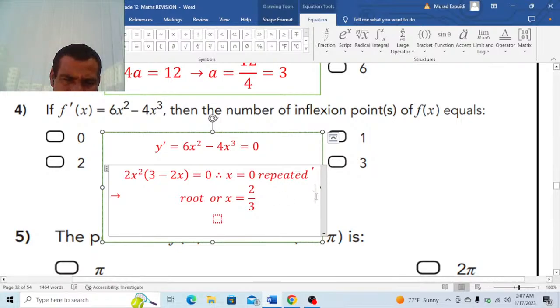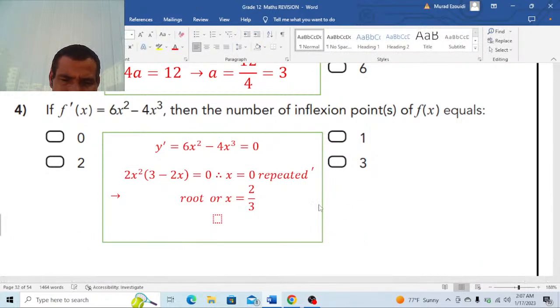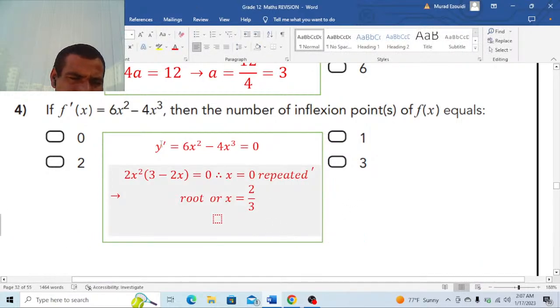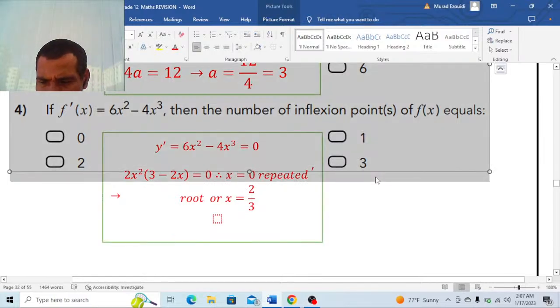So in order to solve this question, learners, in your opinion, do we have 0 inflection points, or 2, or 1, or 3? Therefore the correct answer is 3, because this is the first root and it's a double root, so two roots, and the last one is the third. So I would consider this one the correct answer.